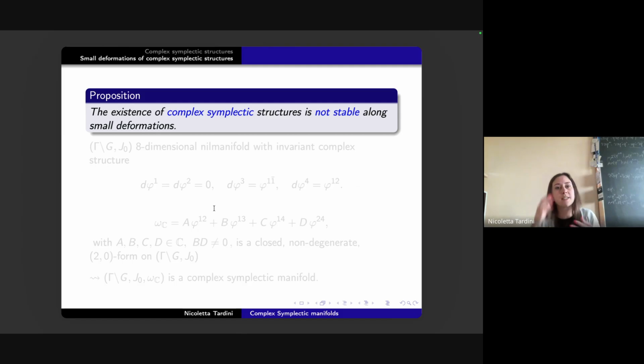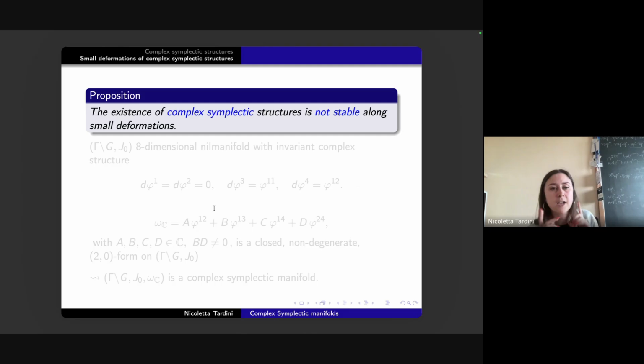This means that I can start with a compact complex manifold with a complex symplectic structure, and if we deform the complex structure, it is not always true that the deformation will admit, again, a complex symplectic structure.